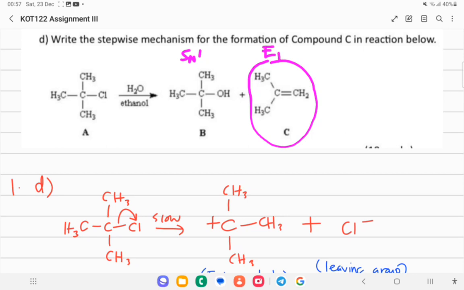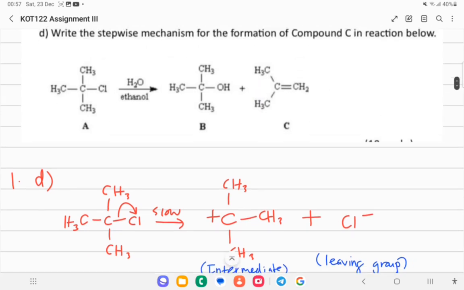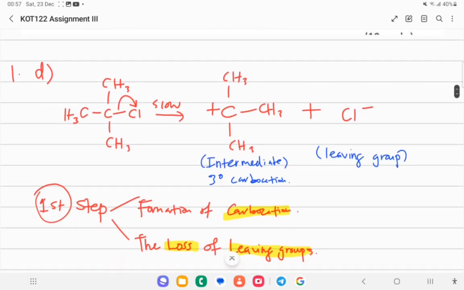So now the question asks us to provide the stepwise mechanism for the formation of compound C. It means we need to provide the mechanism for the E1 reaction.